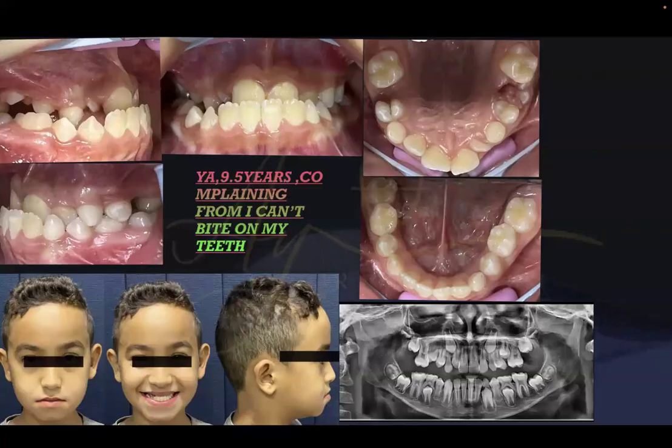We can proclaim the incisors. First, assess whether the patient is in the growing stage or the skeletal correction is completed. Depending on that, the modality of treatment should be planned. If it is due to the skeletal discrepancy, the skeletal discrepancy should be corrected.